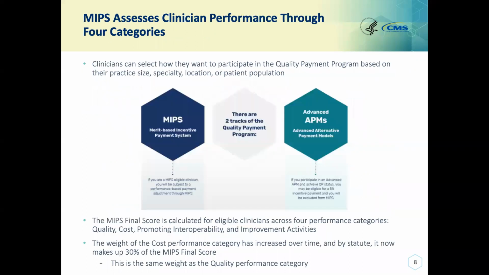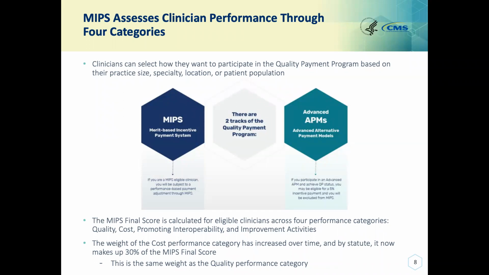Now for just some context on the Merit-based Incentive Payment System, or MIPS program, where these measures could be used in the future. The Quality Payment Program has 2 tracks for clinicians to choose from: the Advanced Alternative Payment Models and MIPS. Clinicians who participate in MIPS have their performance assessed across 4 categories: quality, cost, interoperability, and improvement activities.